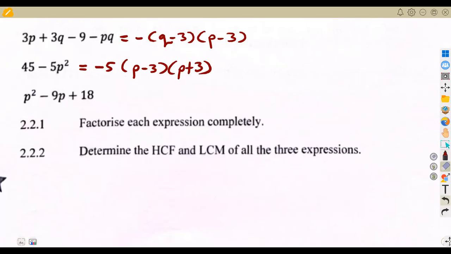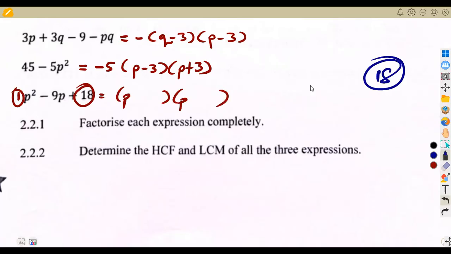All right, then the last one, this one is just direct. Remember, I talked about this. If the coefficient of this is 1, we're just going to have two brackets. So this will be p, this will be p, so to give us p squared. So we focus with the constant, which is 18. What are the factors of 18? But these should give us a -9.